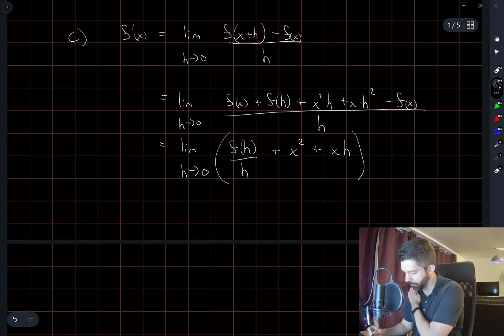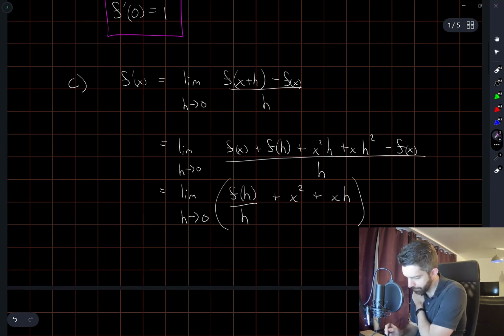Okay. So what have I done here? I've canceled the f of x. This f of h just sort of carries over. And I've written these as 3 separate terms, each divided by h. So I have f of h divided by h. I have x squared times h divided by h, but that just gives me x squared.